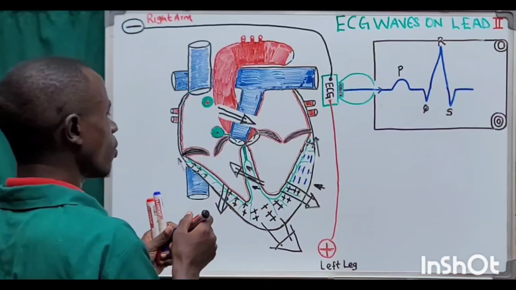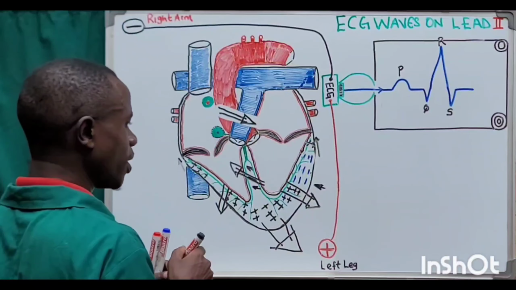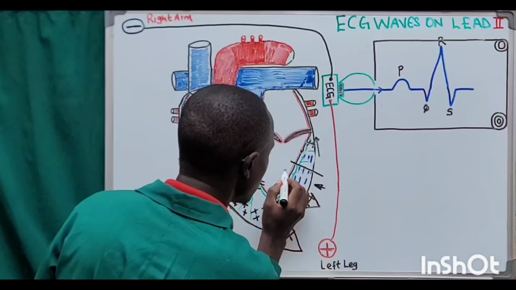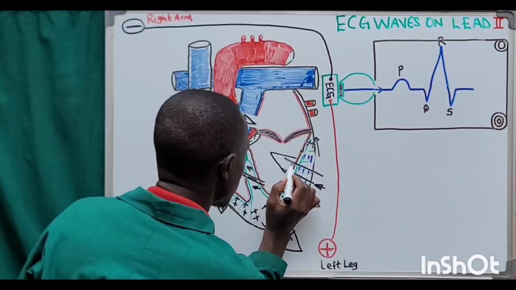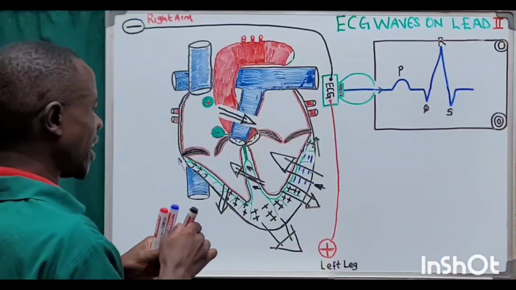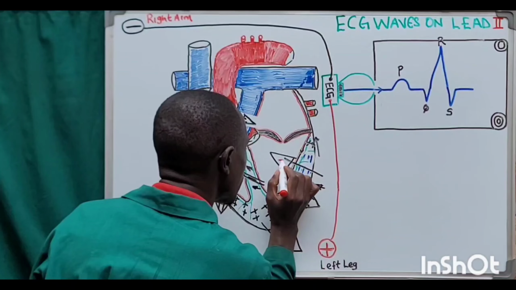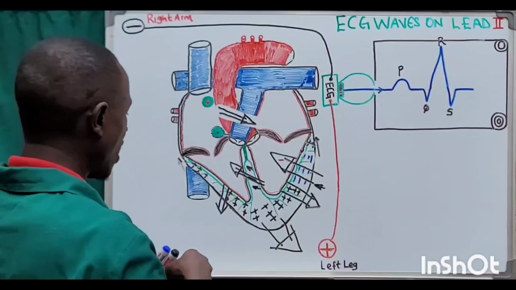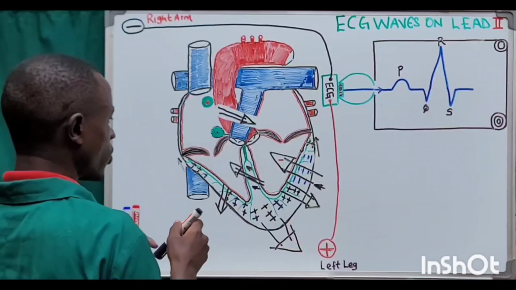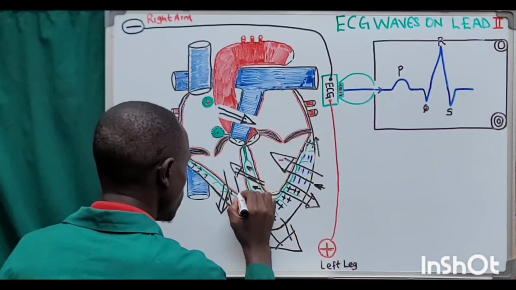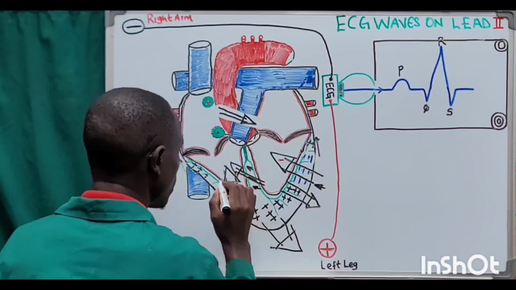So if I create a vector here, it means our vector of repolarization is going to be facing that side. To be even more specific, this is a repolarization vector. And even the ventricular myocardium on the right side is also going to be repolarizing like this.